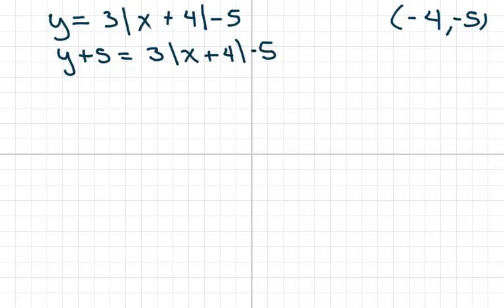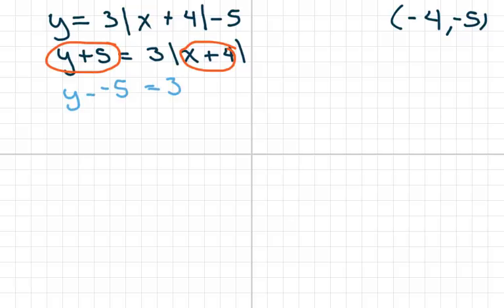The 5 goes with the y, so you do the opposite on both of them. By convention, we move the 5 over, and that's why it's opposite. So this is really y minus a negative 5 equals 3 times the absolute value of x minus a negative 4. And that's why you see the opposite thing going here.